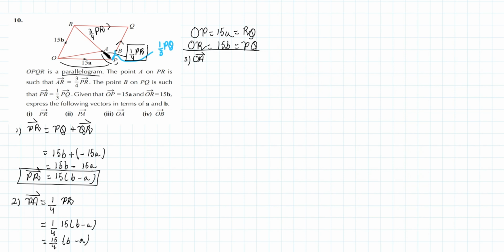You are moving in the same direction as the vector, so the length will be positive. After this, you have to move from P to A. P to A is 15 upon 4 bracket B minus A.